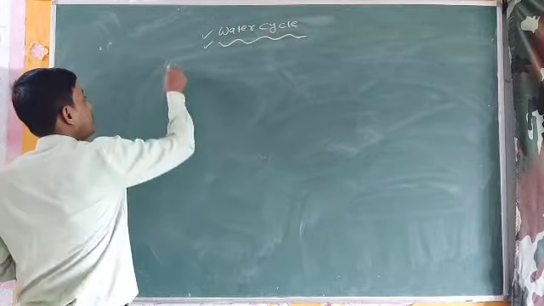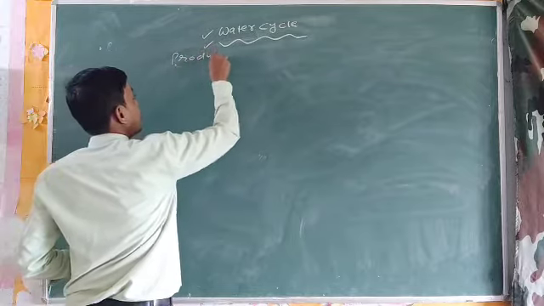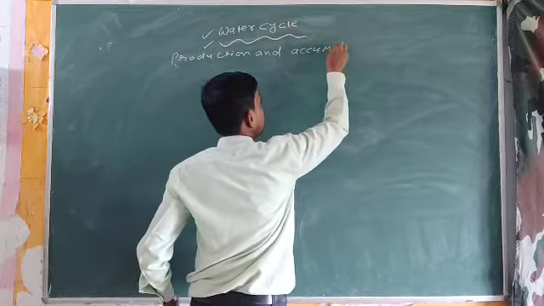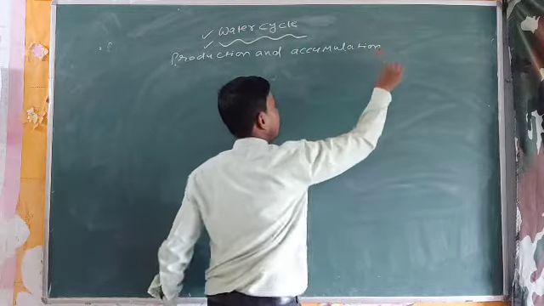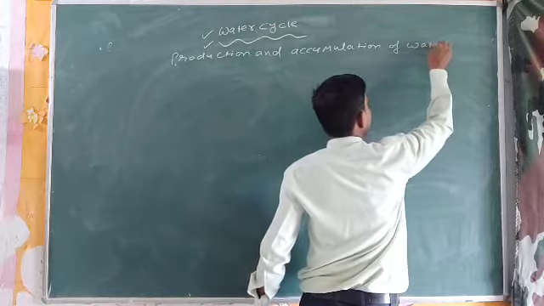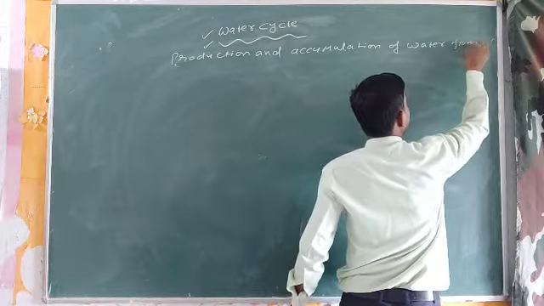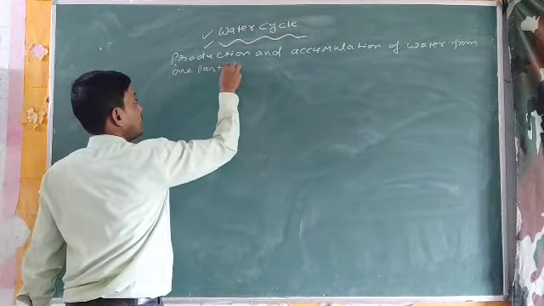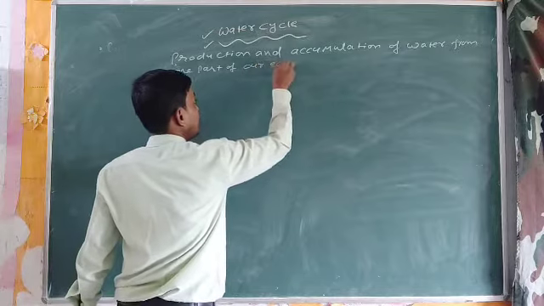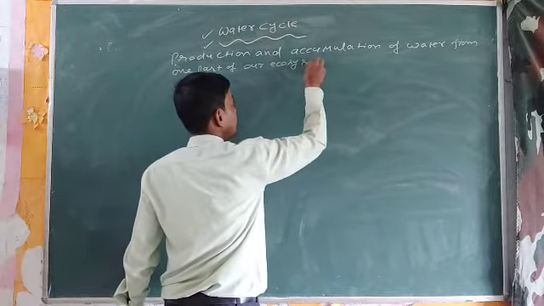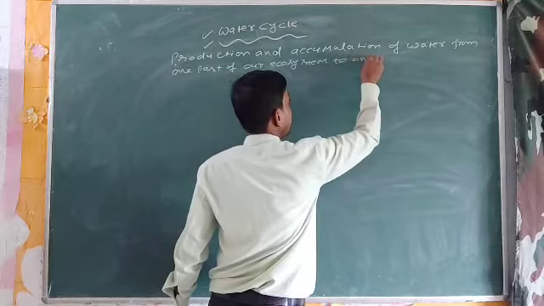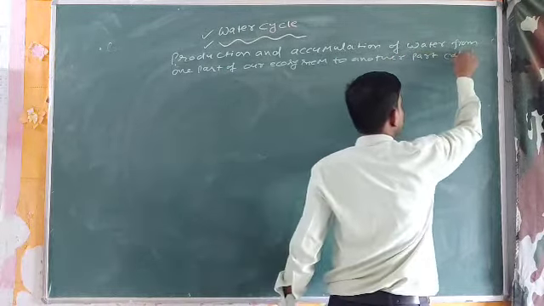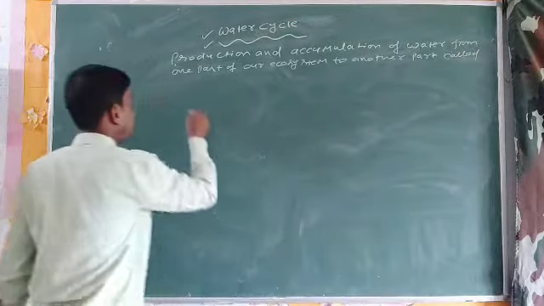Production and accumulation of water from one part of our ecosystem to another part is called the water cycle.